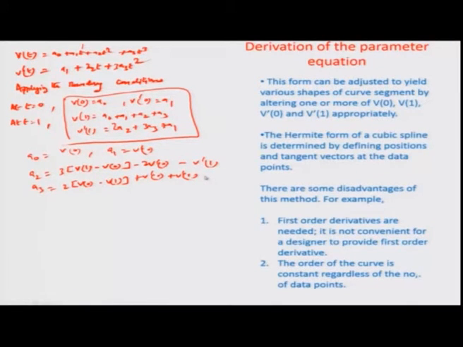This just comes through the way that linear systems are solved. The unknowns in the equation that we first assumed, from a0 to a3, we solve for through the boundaries, which are the points at t equal to 0, corresponding to the beginning of the curve, and t equal to 1, which is the end of the curve.